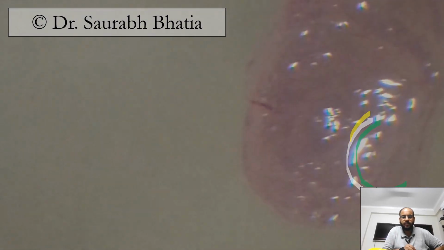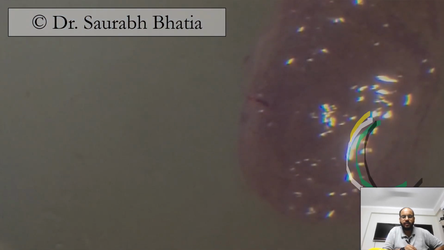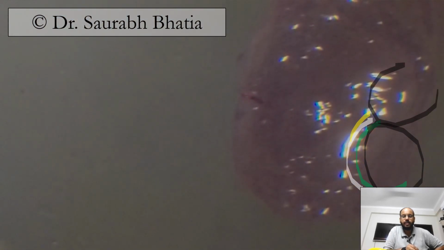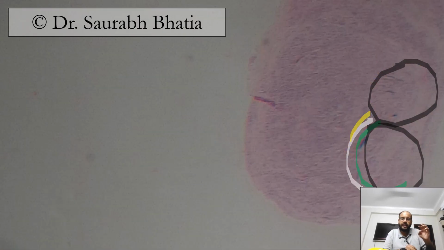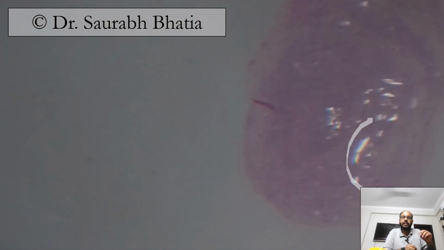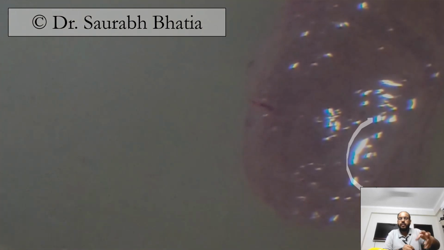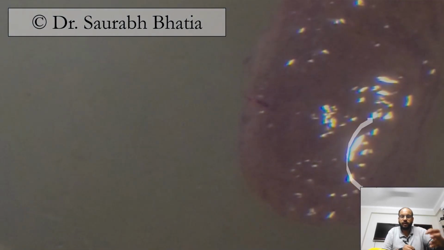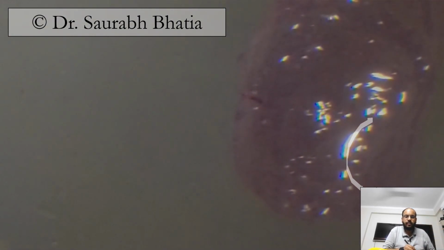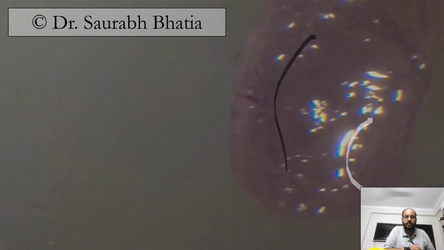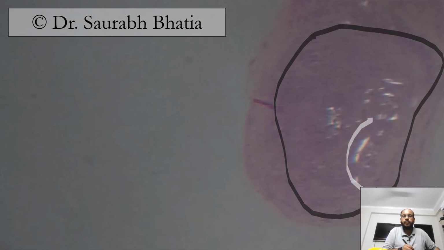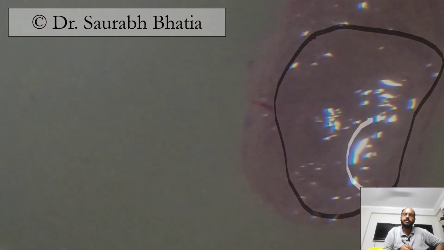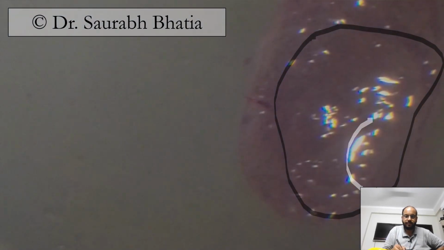Yeah, look at this area. So under a polarized light, the foreign body can be refractile or shiny. That is how you can confirm a diagnosis of foreign body granuloma. So this whole region is a large granuloma, and at the granuloma, you can see refractile material under polarized light.